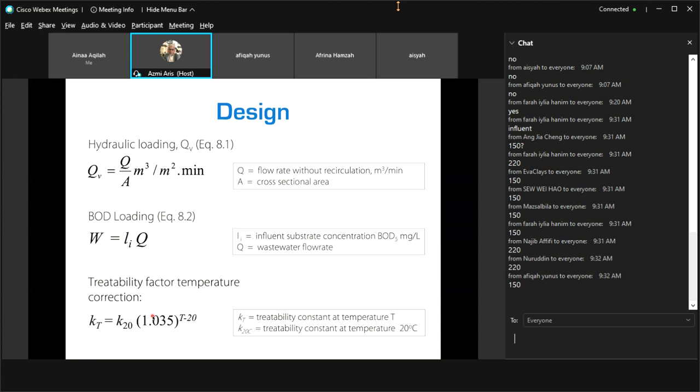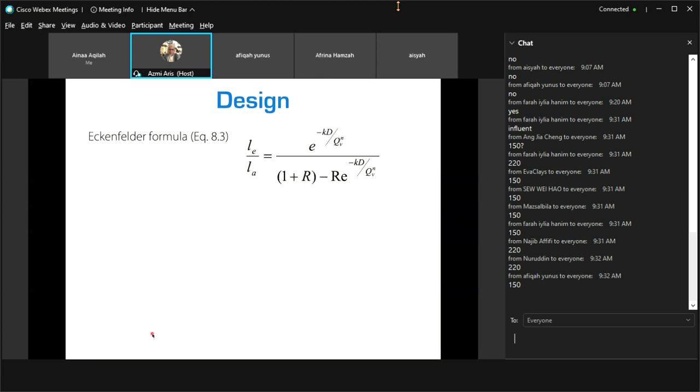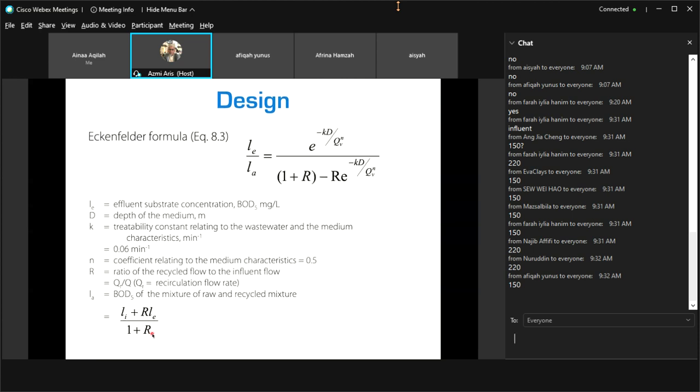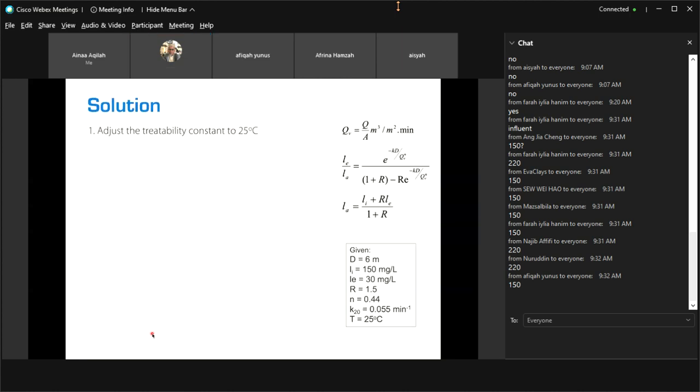In your exam, you will be given so many equations, and you will see different K value conversion equations. So it is very important for you to familiarize which equation is used for which system. Okay, so first we calculate this, using the equation to convert this. So we have K25 equal to K20, and we get K25 equal to 0.065 per minute.